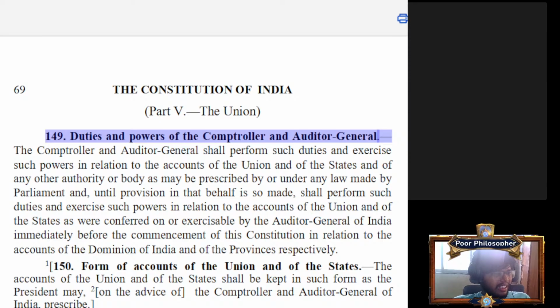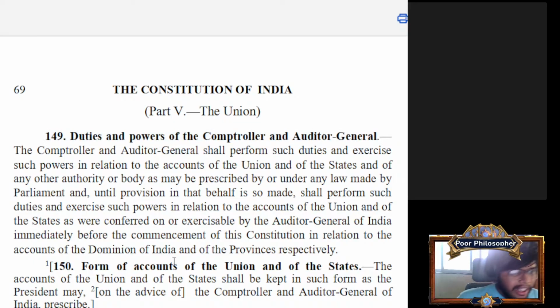Okay, so they are like a general manager, or bank manager, of the Consolidated Fund of India. They keep the records and all this, I guess. They are basically a bank manager type of the Consolidated Fund of India, I guess.